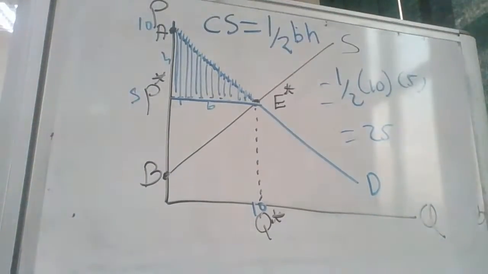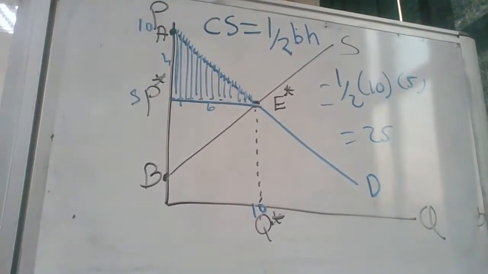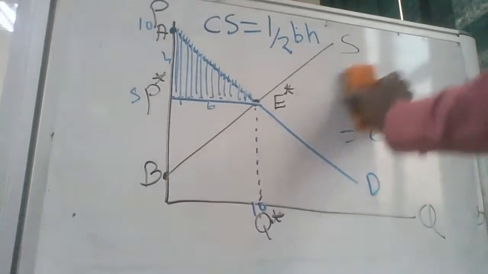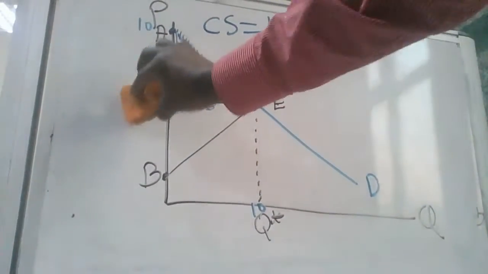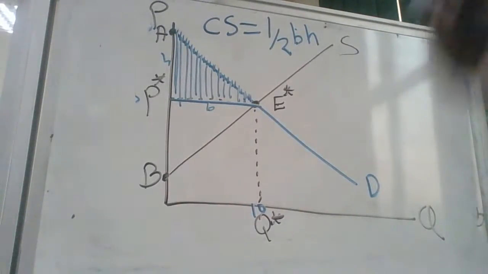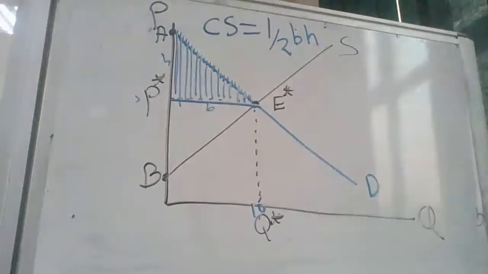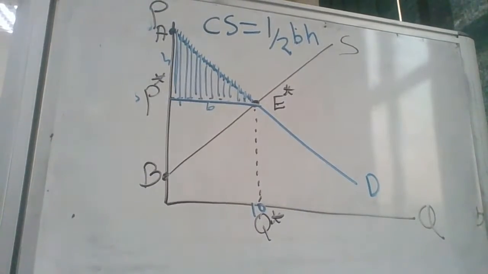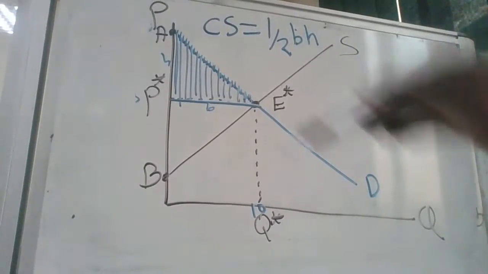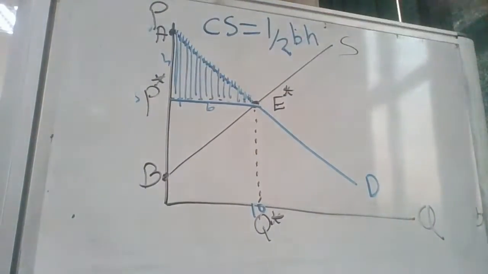The same way we've analyzed the consumer's welfare, we can also look at the producer's welfare. From the producer's side, the producer is actually willing to accept a price of B from the consumers to release a commodity on the market. However, the market has favored the producer by charging a price P star, which is the market equilibrium price.